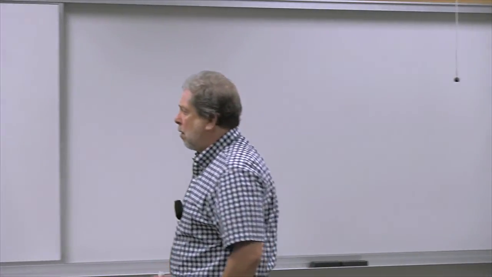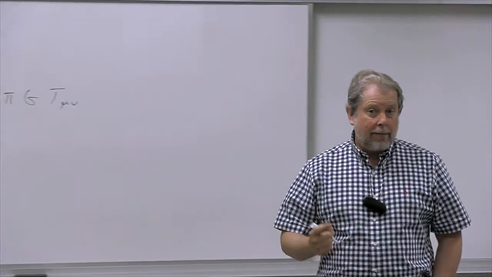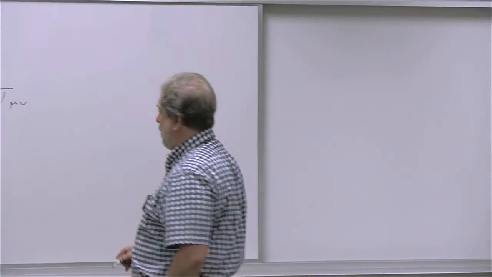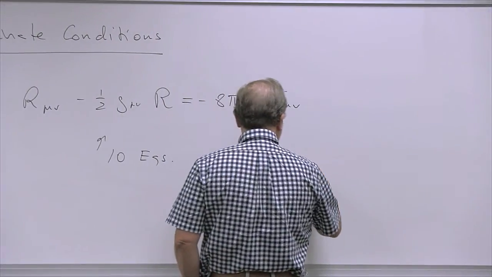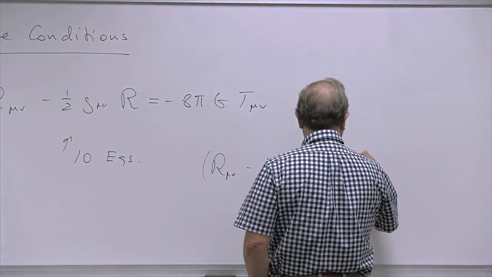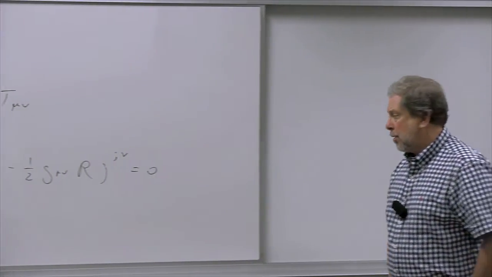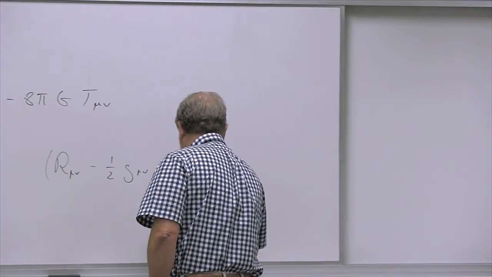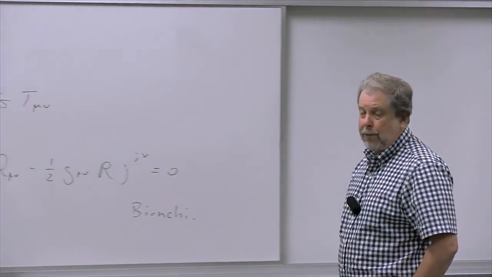The reason why it is not correct is because these equations are not all independent. They're not all independent because of the Bianchi identity. We do know that the covariant divergence of R_μν minus 1/2 g_μν R is equal to 0. So because of the Bianchi identity, we have 4 constraints.